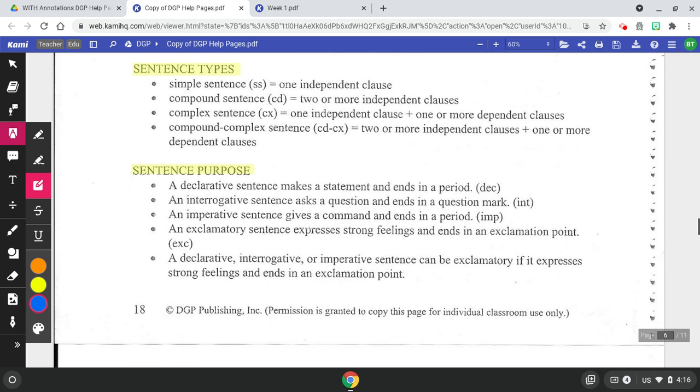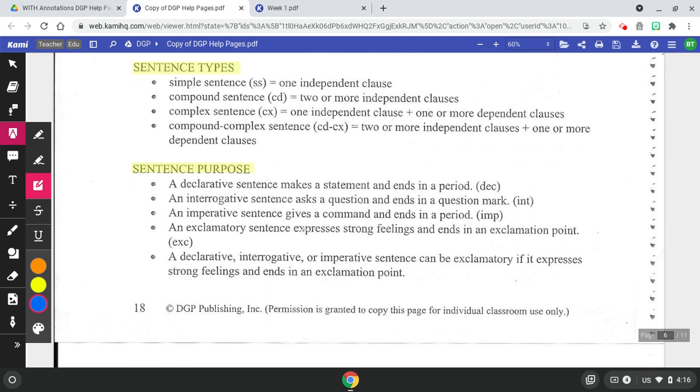Number 2, sentence type. Okay. For sentence type, there are 4 types of sentences. Now, you guys learned this way back in elementary, whether you remember it or not. It's just sometimes with English, we get all these different terms and we call it different things, but we're going to get it together. Okay. A simple sentence means I only have one independent clause. Okay.